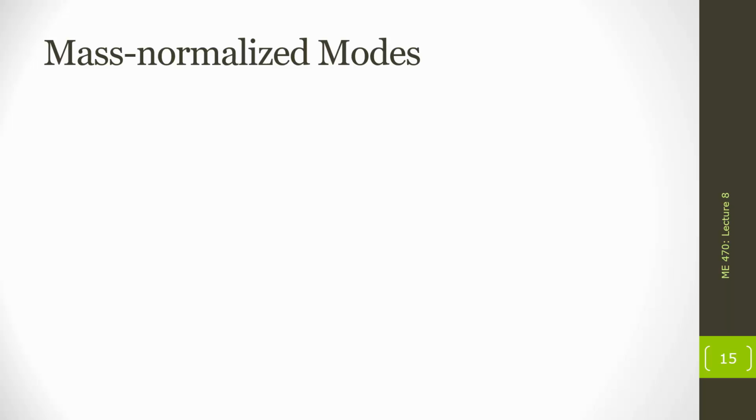In Mathematica, the bottom entry is going to be 1, but we could scale any of our mode shapes by any value, and it's still going to be correct. It's just going to be a different scale. So what we need to do in order to do the principal coordinate analysis is find a specific scaling for those mode shapes, and that's where we use these mass-normalized modes.